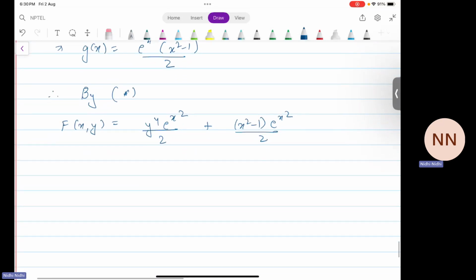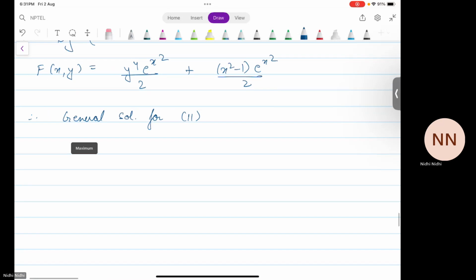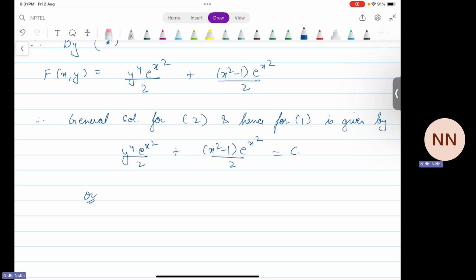Therefore, our general solution for equation 2, and hence for equation 1, is given by y power 4 e power x square by 2 plus (x square minus 1) e power x square by 2 equals some constant, or we can simplify it to be e power x square times (y power 4 plus x square minus 1) is equal to c.